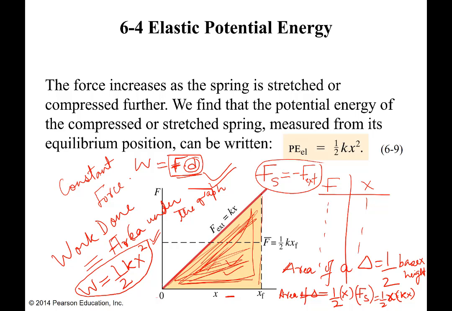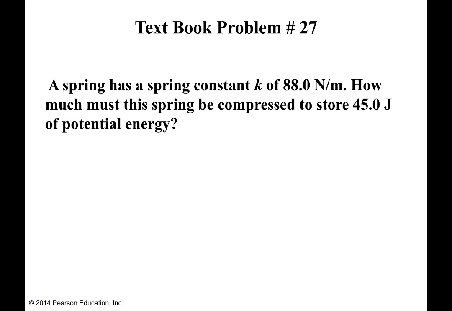So 1 by 2 kx square, or in short, we write potential energy is equivalent to 1 by 2 kx square, which is also equivalent to work done. Again, just like we say that work done is equivalent to kinetic energy change, here also work done is equal to the change in potential energy due to the elastic stretching or compressing of the spring.